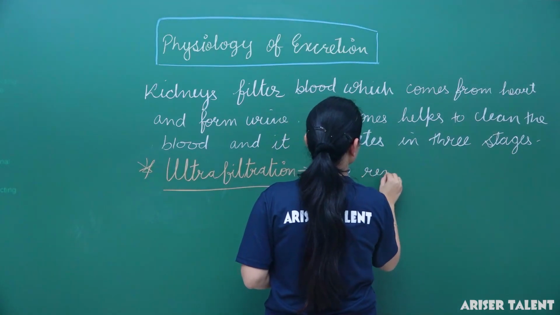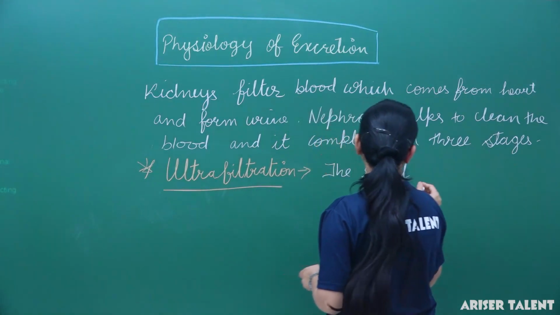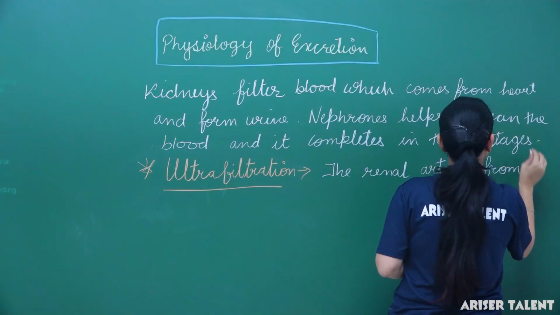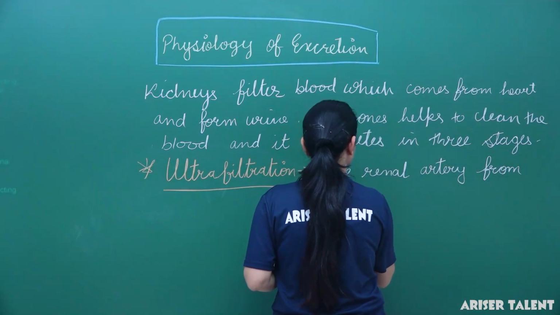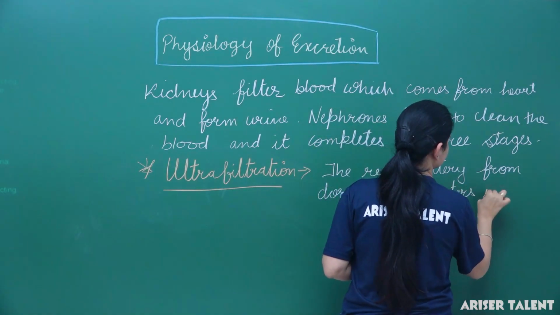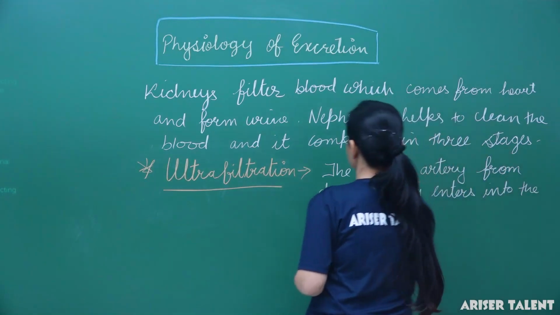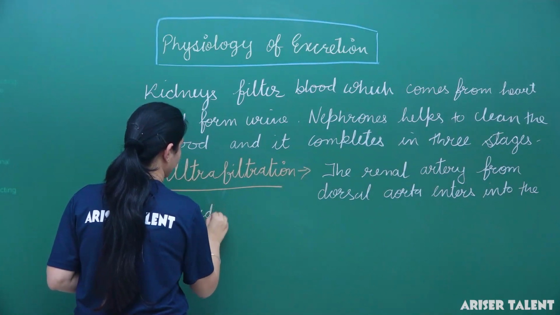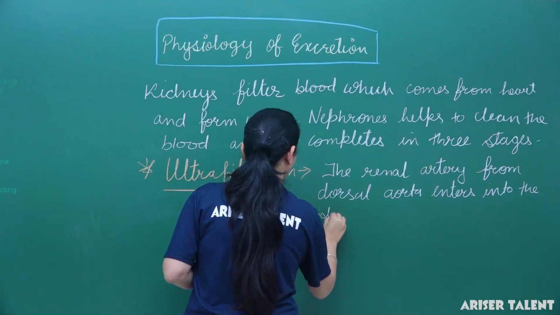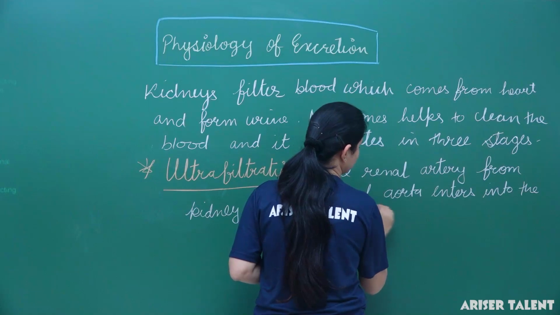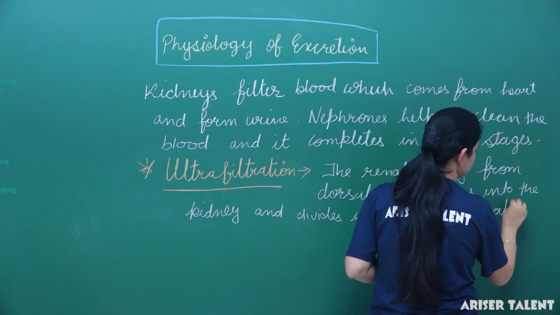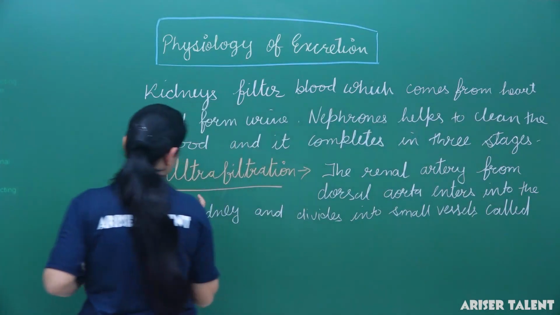The renal artery, as I have already explained, from the dorsal aorta enters into the kidney and divides into small vessels called afferent arterioles.